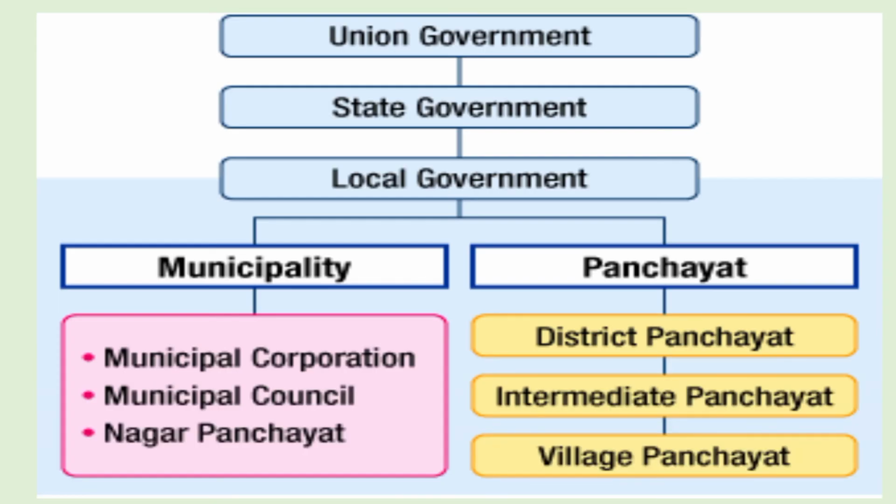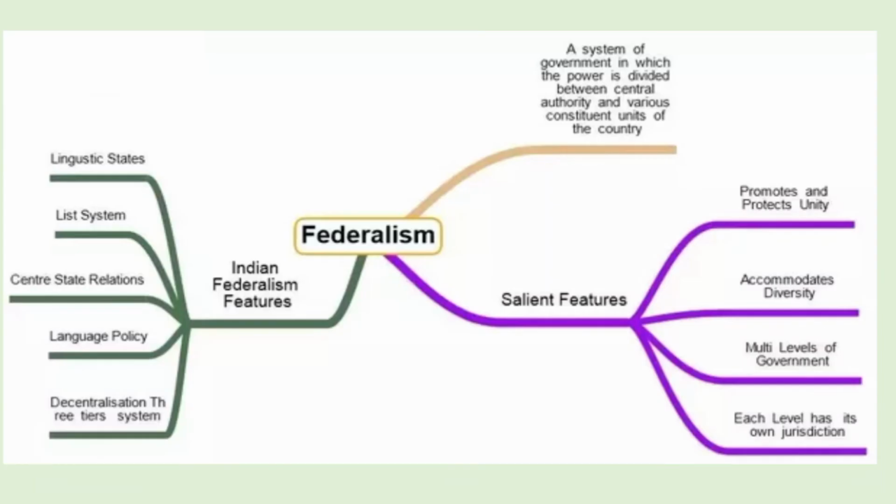Once again, a flow chart: union government, state government, local government, and then it is divided into municipality, municipal corporation, municipal council, nagar panchayat, panchayat, district panchayat, intermediate panchayat, village panchayat.